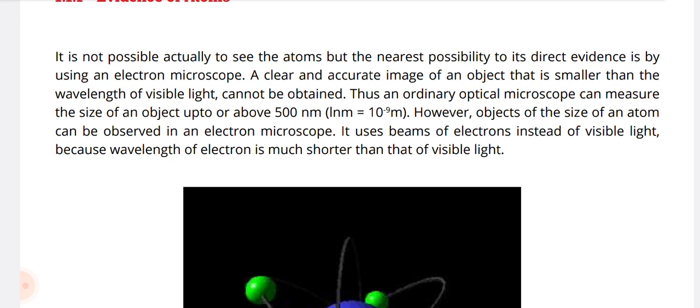Thus, an ordinary optical microscope can measure the size of an object up to or above 500 nanometer. However, objects of the size of an atom can be observed in an electron microscope. It uses a beam of electrons instead of visible light because the wavelength of electron is much shorter than that of visible light.